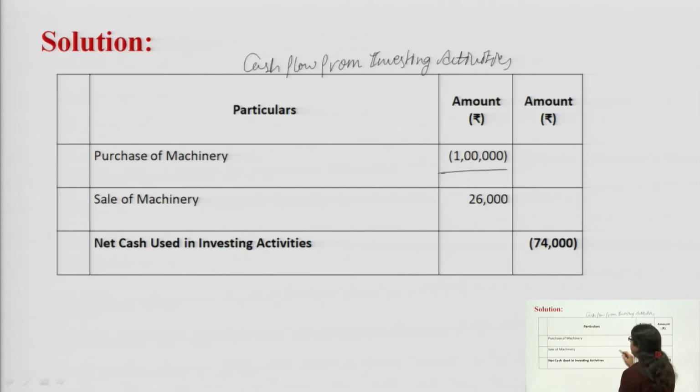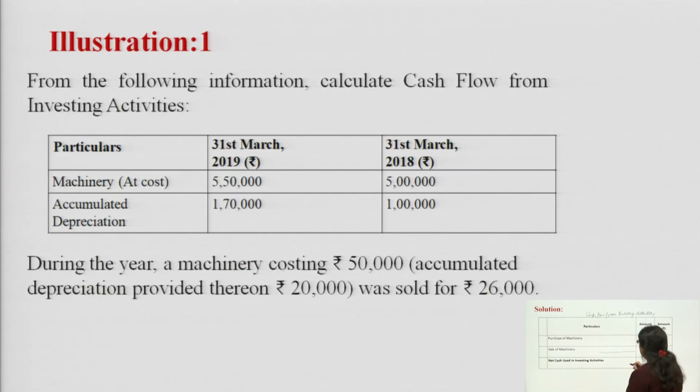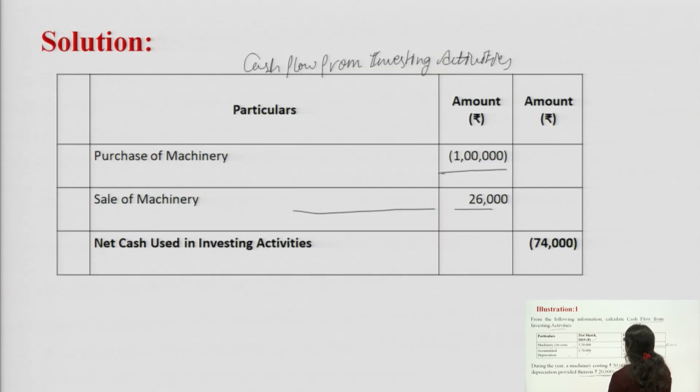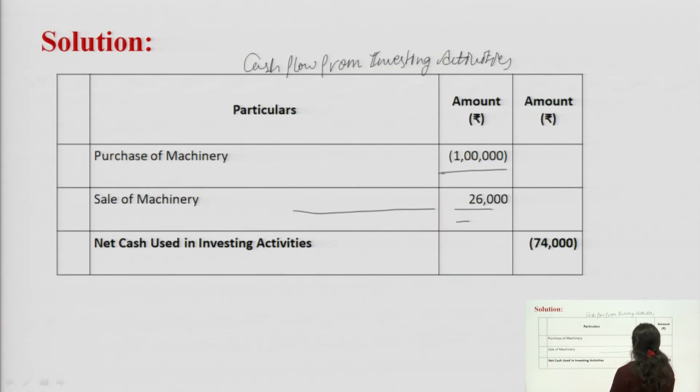We have written here the sale of machinery, which is given in the question itself, mentioned here that it was sold for 26,000 rupees. We will write it here, and the amount which comes out is in the minus. Net cash used in the investing activities is in the minus.